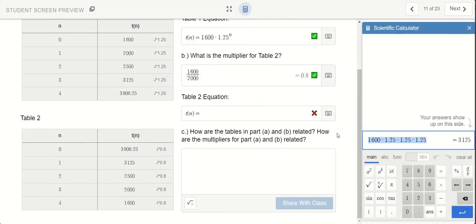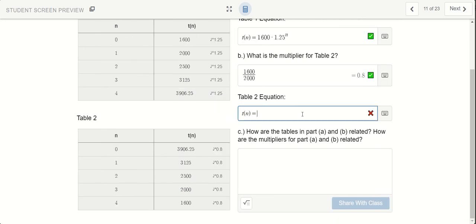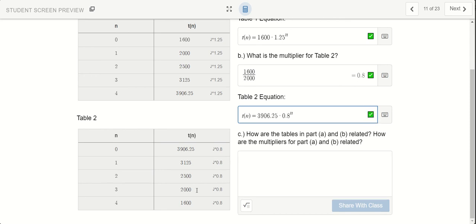Starting with that first number, if I multiply by 0.8, I move down to here, times 0.8, I move down to here, times 0.8, I move down to here. So I'm multiplying by 0.8 over and over again. My equation is going to look like I'm starting with 3,906.25, and I'm multiplying by 0.8 with an exponent, because I'm multiplying that over and over again.